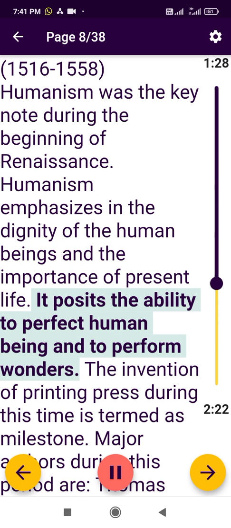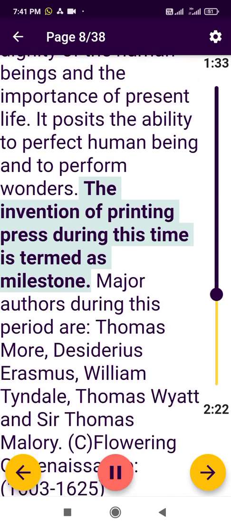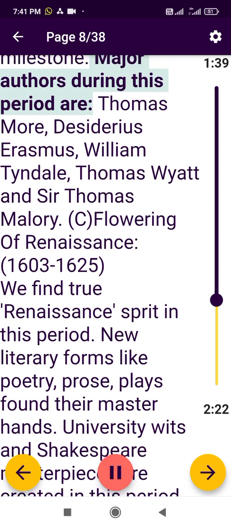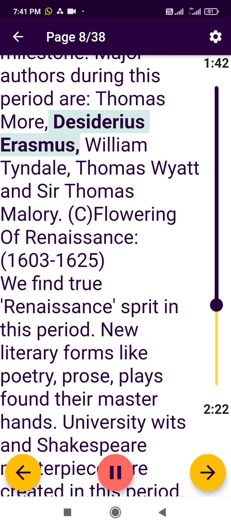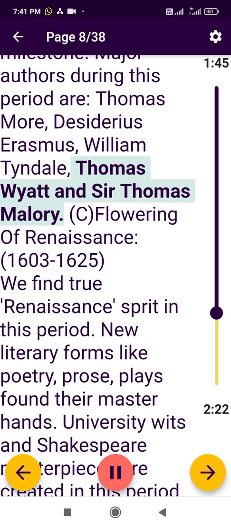It posits the ability to perfect human beings, and to perform wonders. The invention of printing press during this time is termed a milestone. Major authors during this period are Thomas More, Desiderius Erasmus, William Tyndale, Thomas Wyatt, and Sir Thomas Malory.